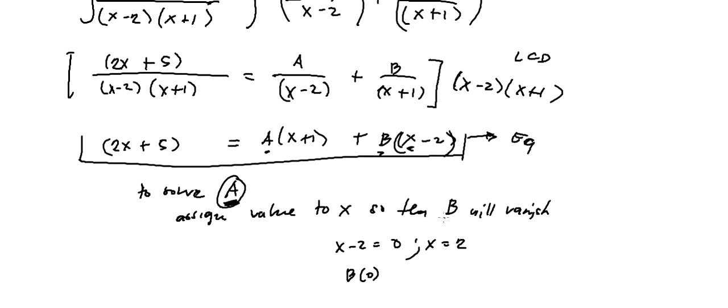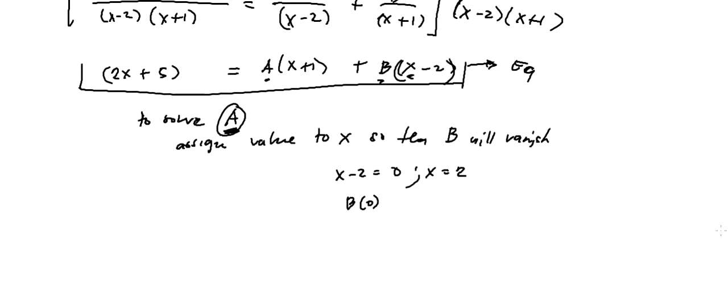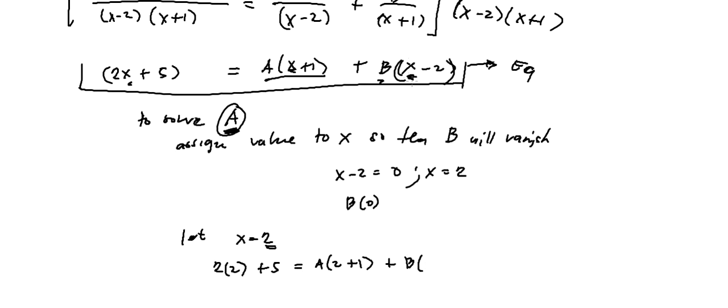So we let x equal 2, so we will have 2 times 2 plus 5 is equal to A times (2 plus 1), plus B times (2 minus 2).